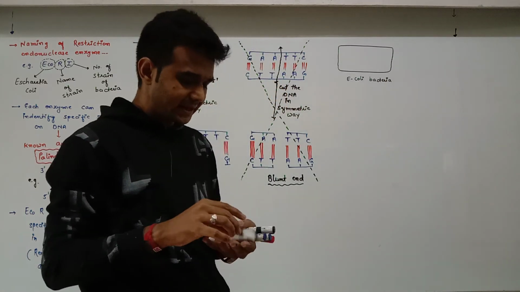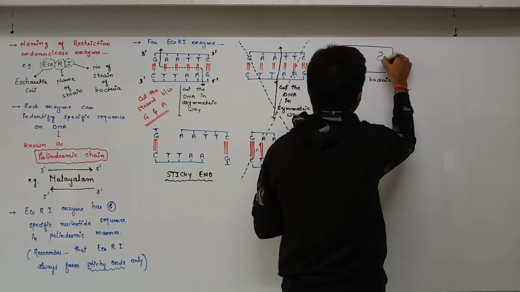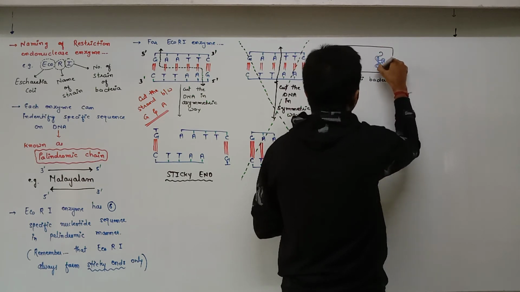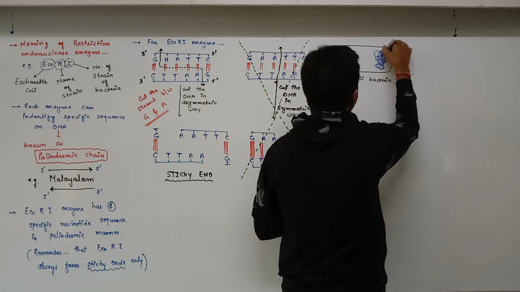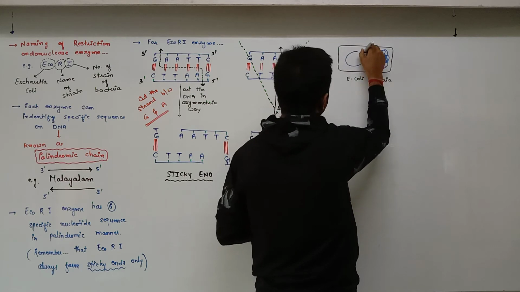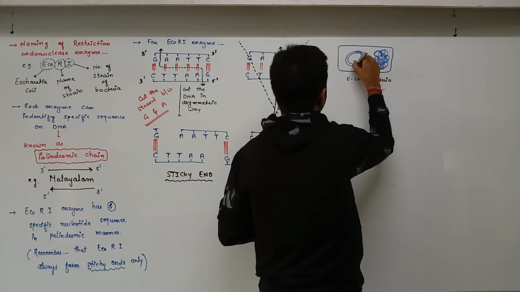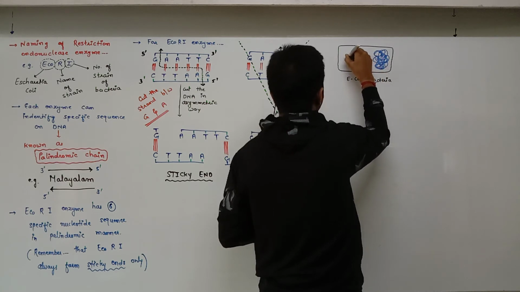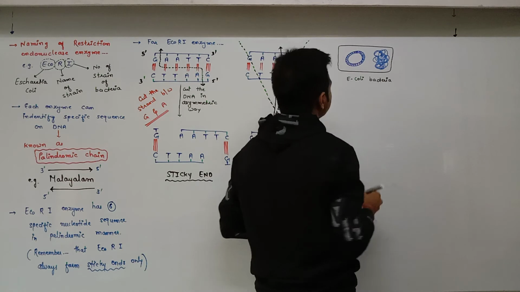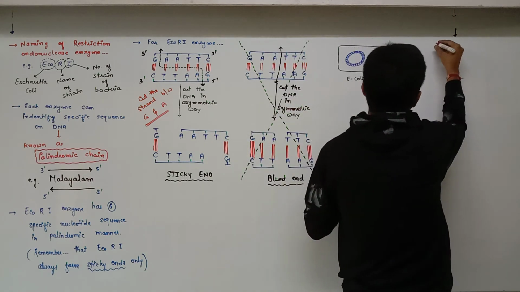This is E. coli bacteria. It has its own DNA. And here circular DNA is there, known as plasmid. This is known as foreign DNA.